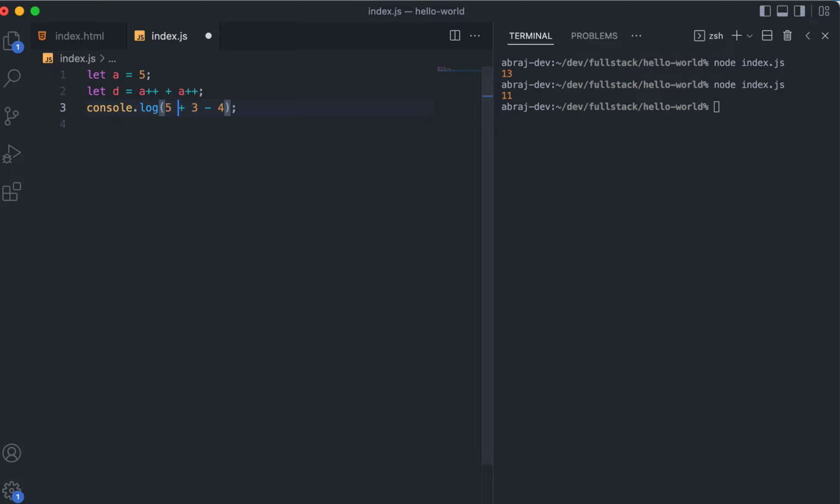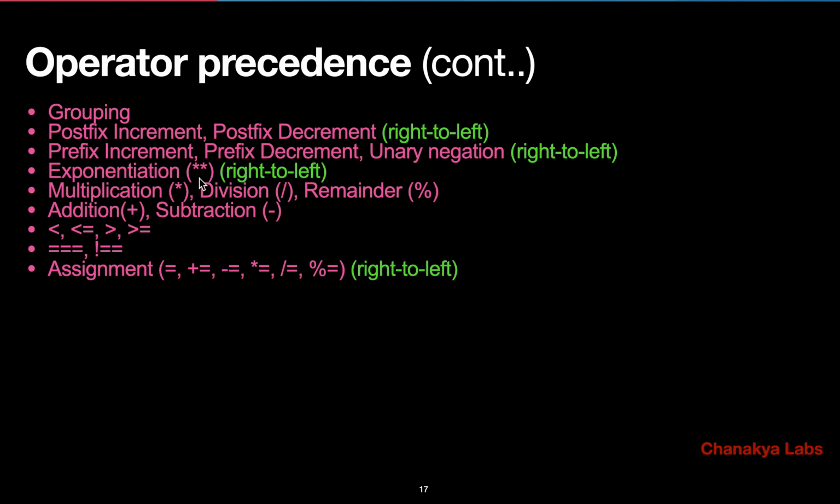However, let's say something like this, 2 raised to the power 3 raised to the power 2. What do you think will be the answer? In this case it is not left to right, it is right to left. So you just have to remember what is happening.